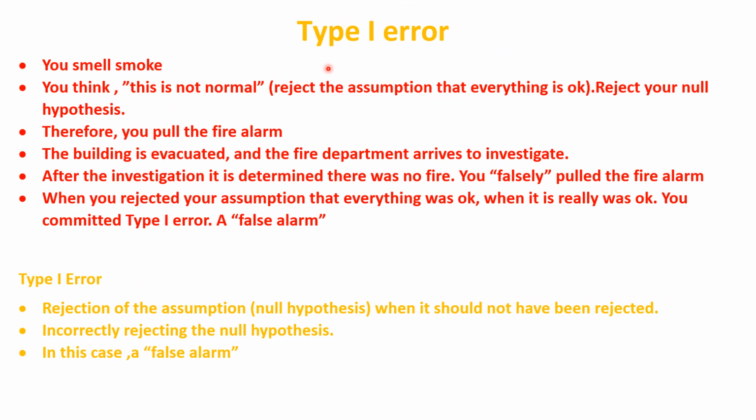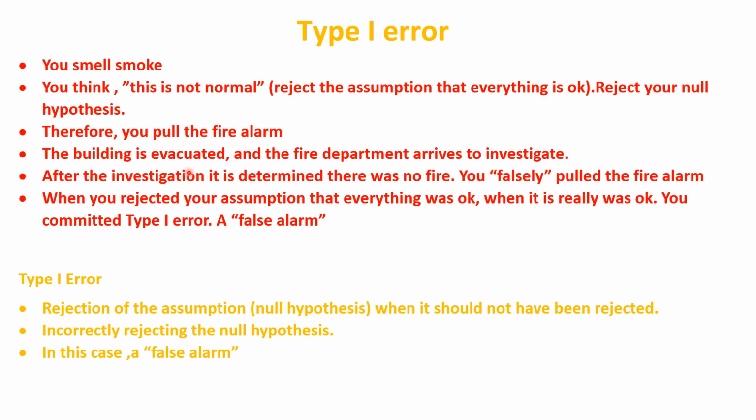Let us take example of type 1 error. You smell smoke. You think this is not normal. Reject your null hypothesis. Normal is an assumption, that you have to accept. Now here you are rejecting the assumption that everything is okay. Therefore you pull the fire alarm.